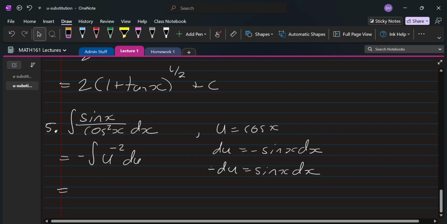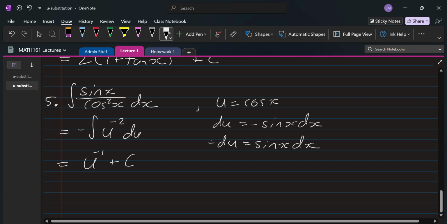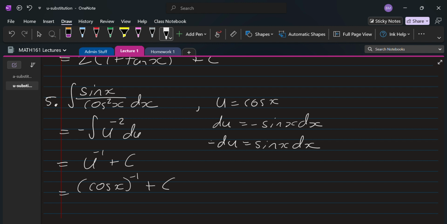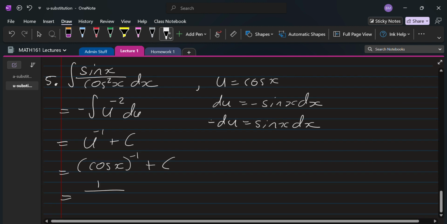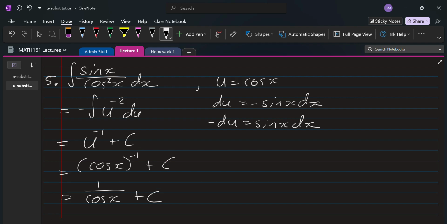Divide by that, that gets rid of the minus we have there. So that's u to the minus 1 plus c. U is cos, so that's just cos x to the minus 1 plus c. That's not inverse, that's reciprocal. So this is 1 over cos. Please don't think that that is arc cos. The minus 1 is on the outside, so it's 1 over cos.